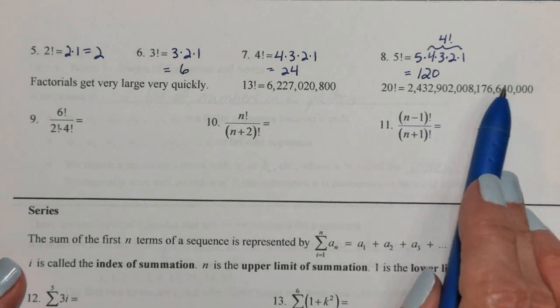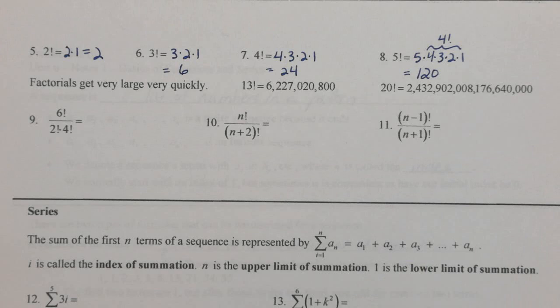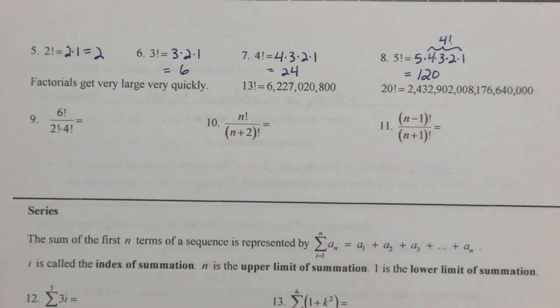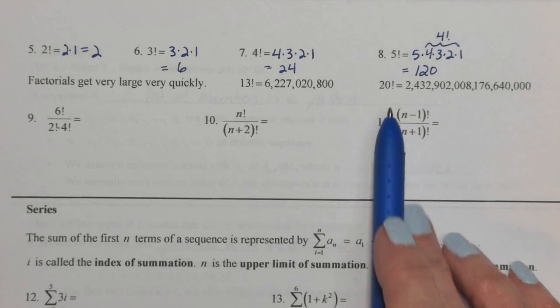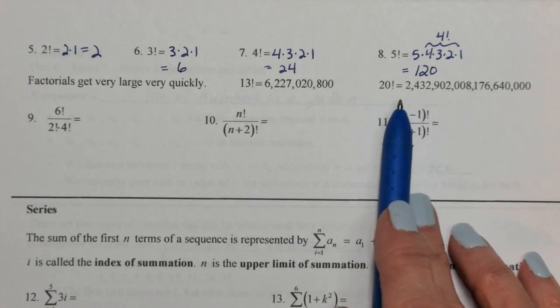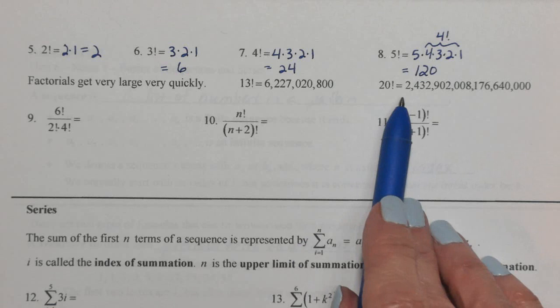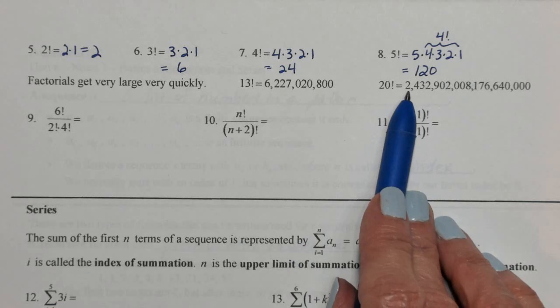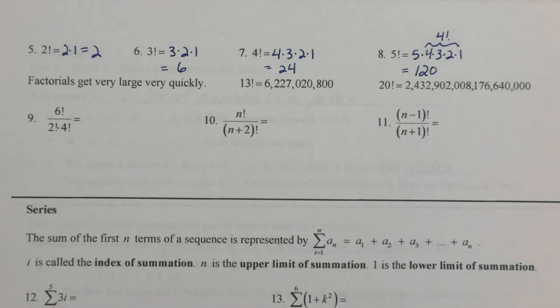It's huge. Factorials get large extraordinarily fast. Okay? If you multiply this by 21, you'll get 21 factorial. So it's 21 times this big. Huge. It gets huge really, really fast.